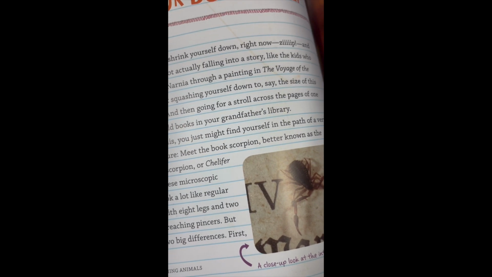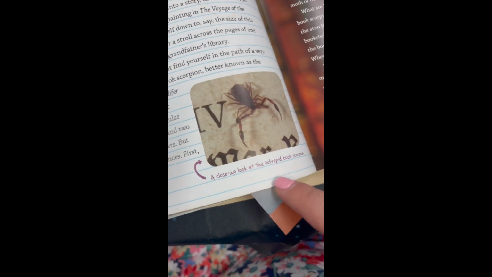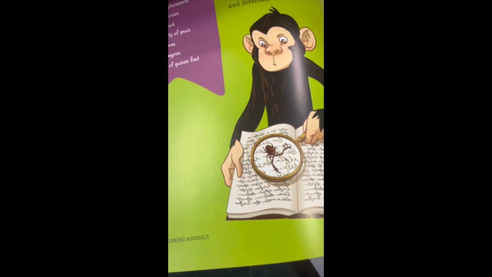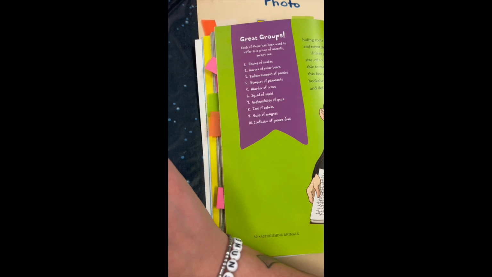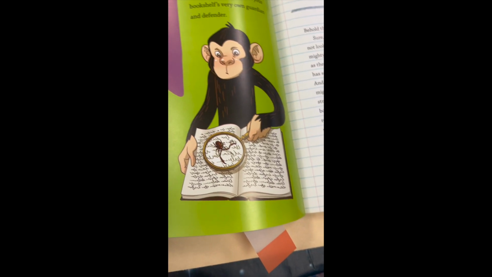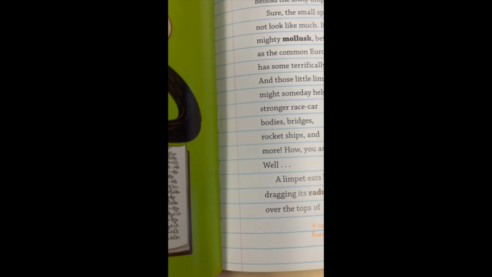This is another heading. A photo. Here we've got a sidebar. The great group, so each of these has been used to refer to a group of animals. Here is a photo with a caption.